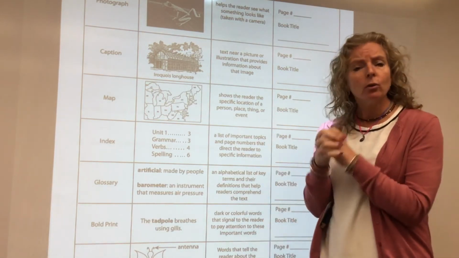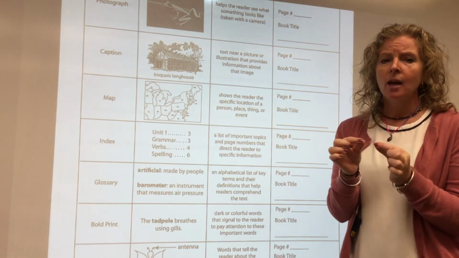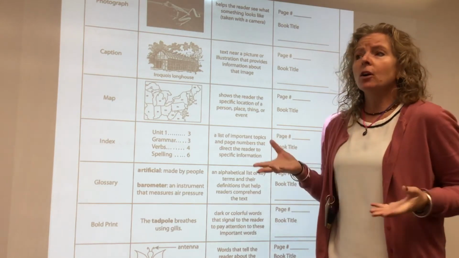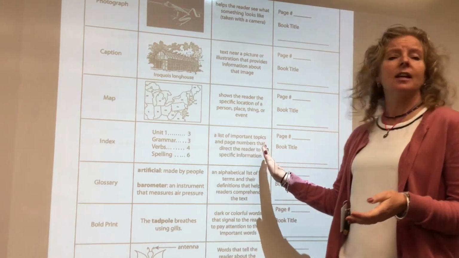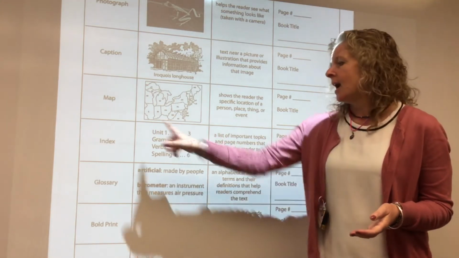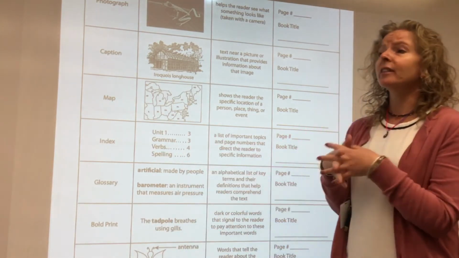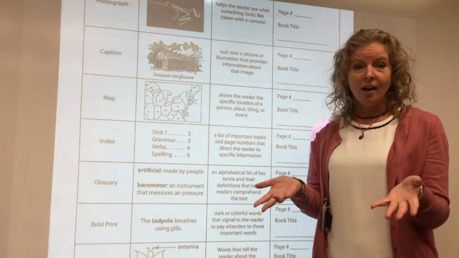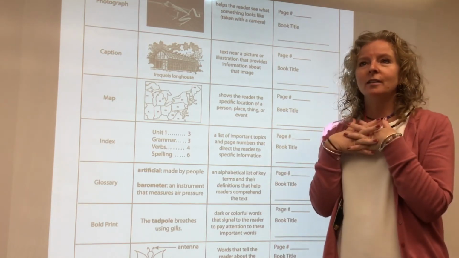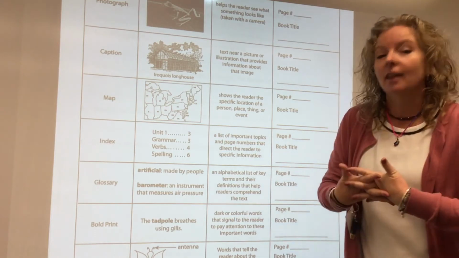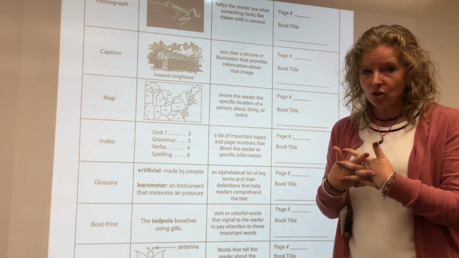An index. We don't use these a lot because a lot of the informational books you guys read are shorter books. But when you get into a bigger informational text, you're going to rely on this. An index is something that is found at the back of a book, and it has a list of topics and page numbers. For example, I have that huge guided reading book that I use as a reference. But if I want to teach kids how to use visualizing as a strategy in reading, I'm not going to read all 478 pages of that book.